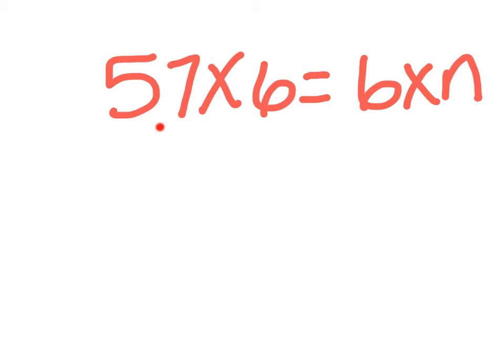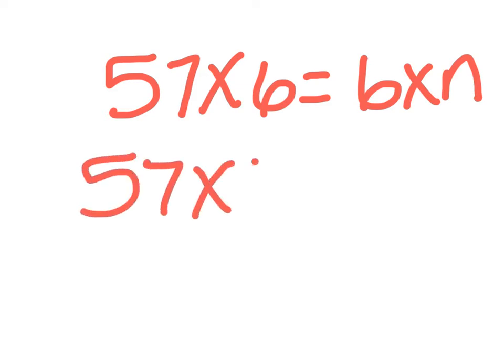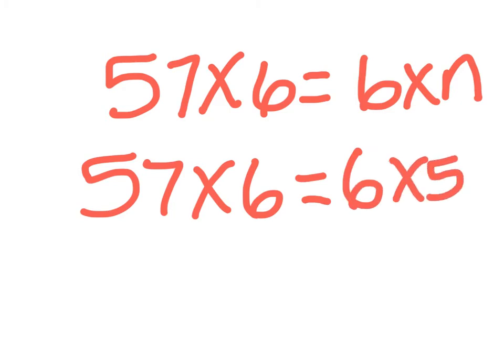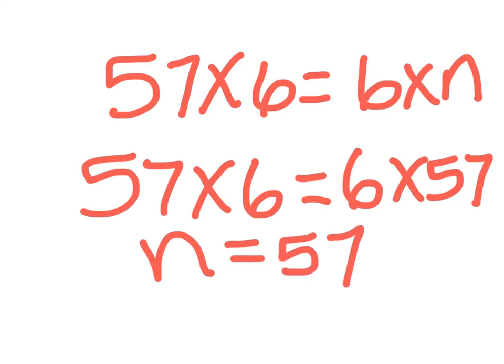So if 57 times 6 is equal to 6 times n, n must be 57, because the commutative property states that it doesn't matter which order the factors go in, the product will be the same. So we can write this equation as 57 times 6 equals 6 times 57. So n is equal to 57.